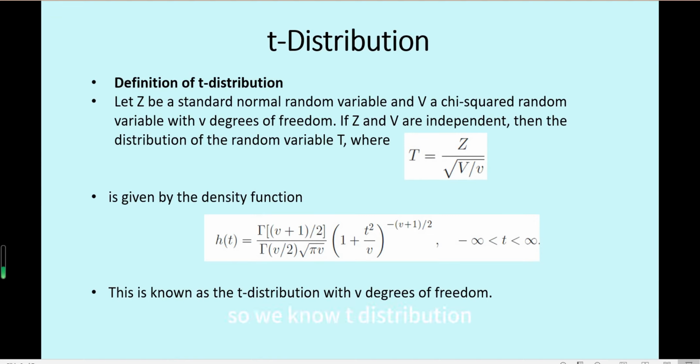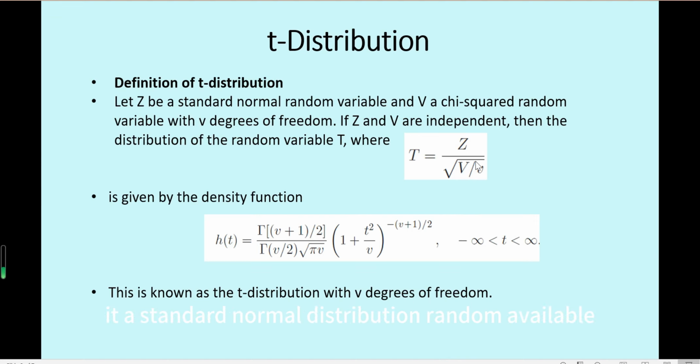So we know t-distribution is a bell-shaped, symmetric density distribution, and it comes from a random variable from the standard normal distribution divided by the square root of a chi-square random variable divided by its degrees of freedom.